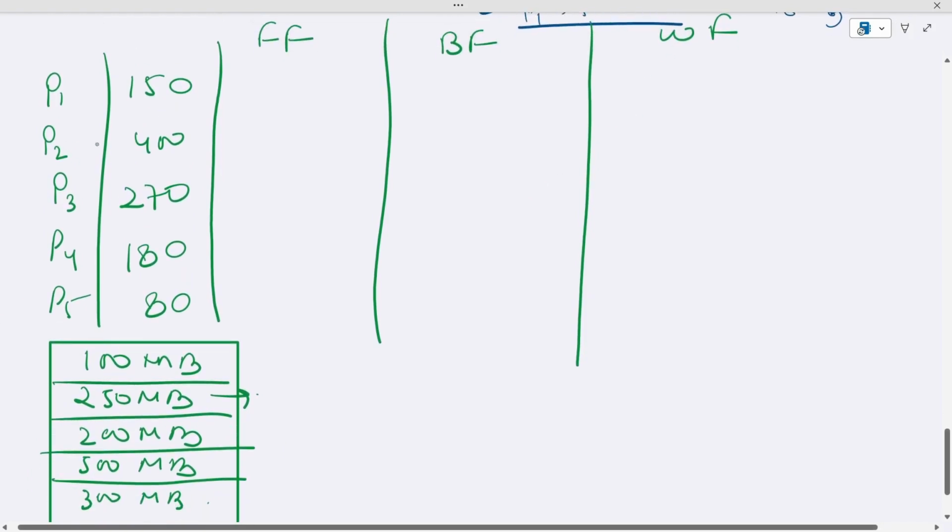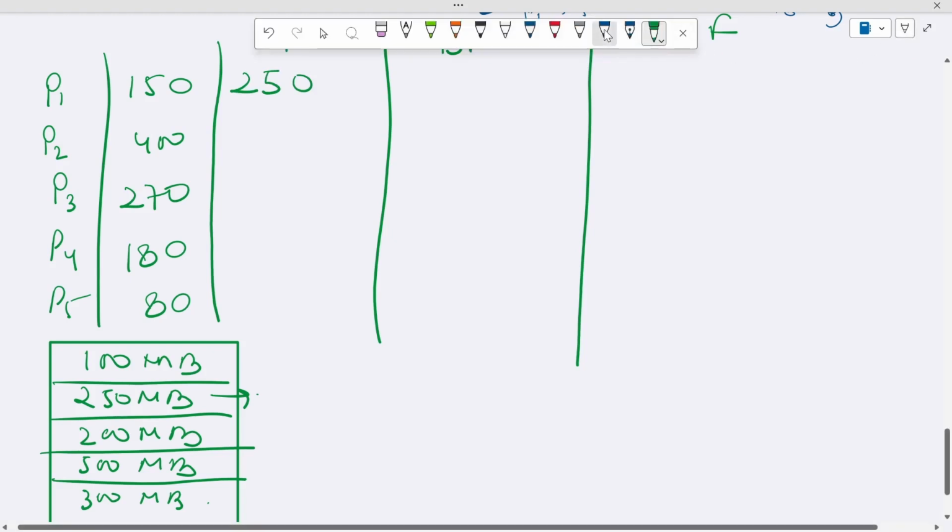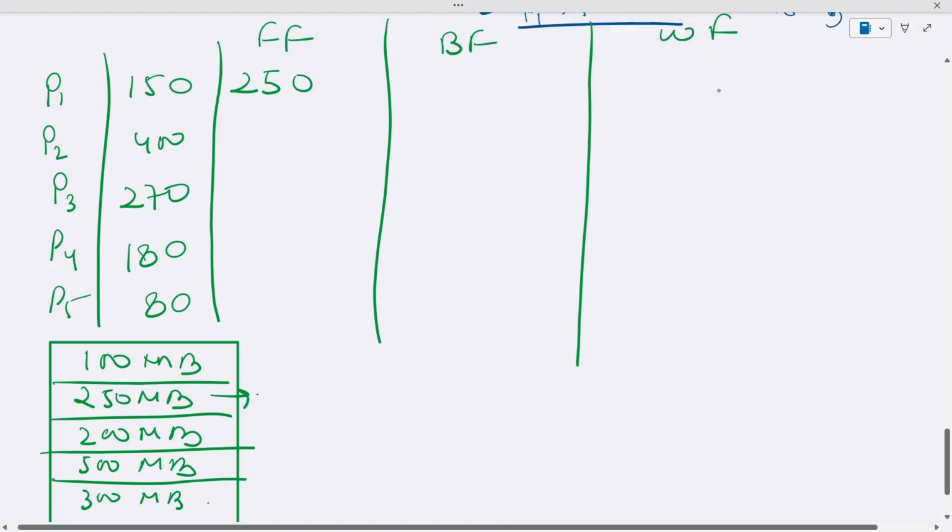So 150, start from the starting. 100 MB, definitely the P1 process is not able to access this part because it is less than what it needs. Second, 250, definitely P1 is able to access. So if it is able to access in first fit, then it will. Okay. So this 250 memory part goes to P1.